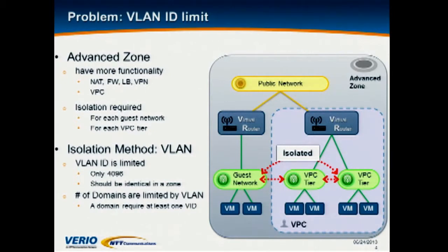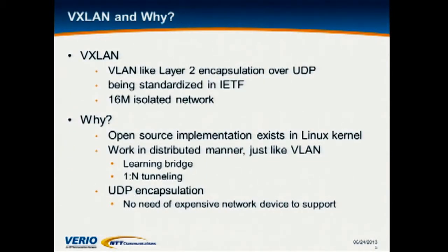So actually, there are already many solutions for CloudStack to isolate more than 4,000 networks, like private VLAN, security group isolation for advanced zone, Q-in-Q, Open vSwitch tunnel using GRE tunnel, and many proprietary SDN solutions.